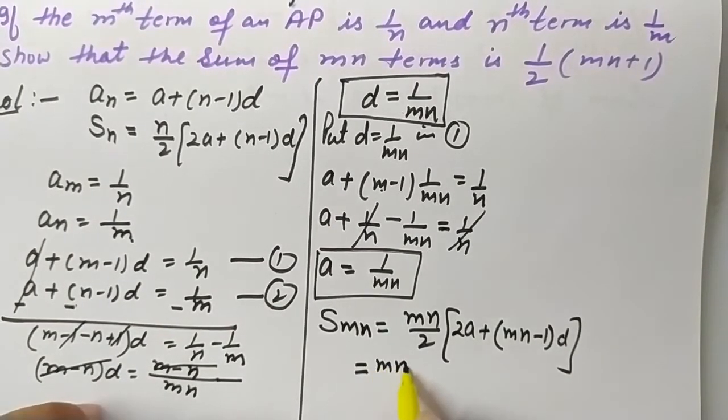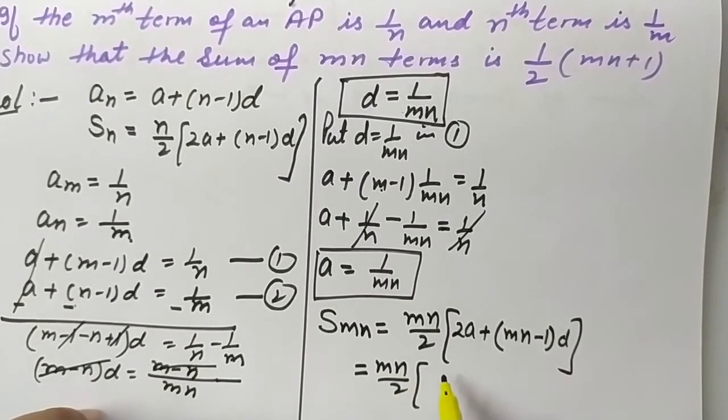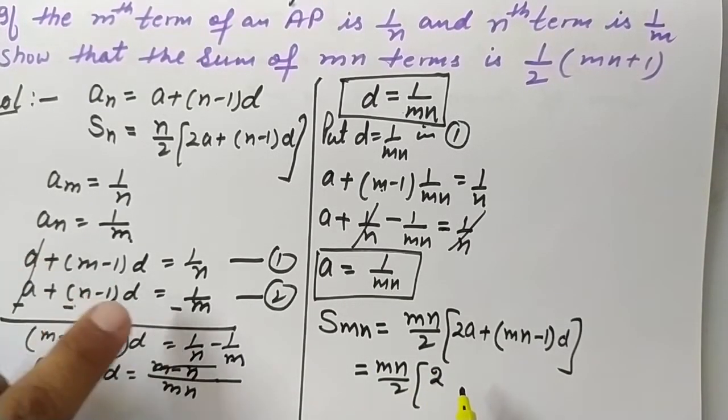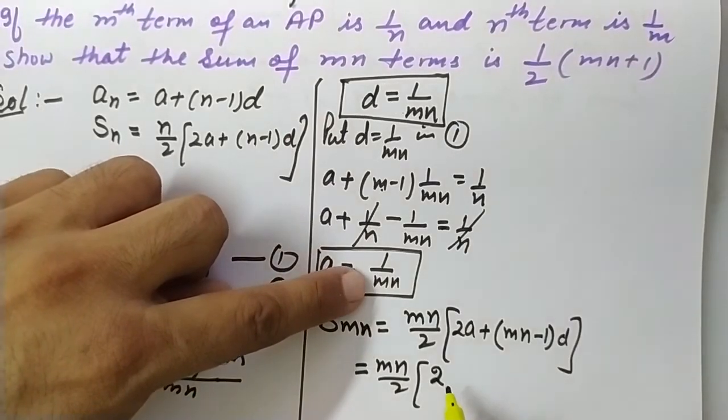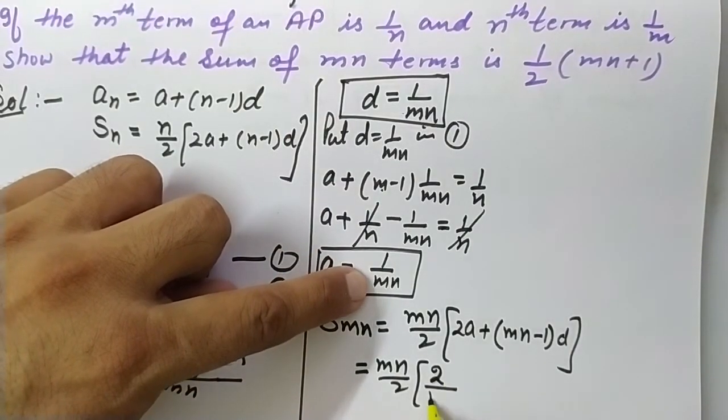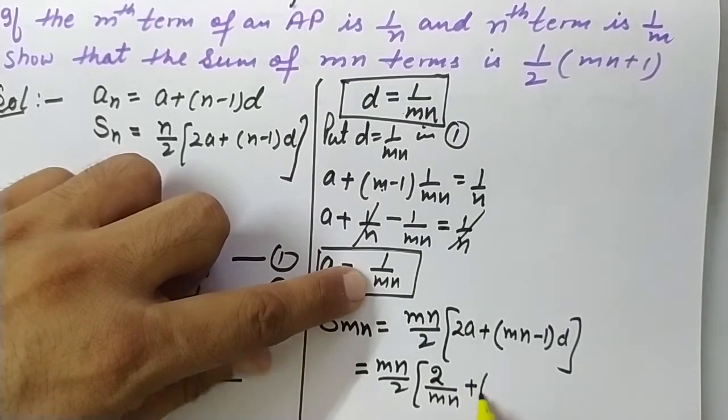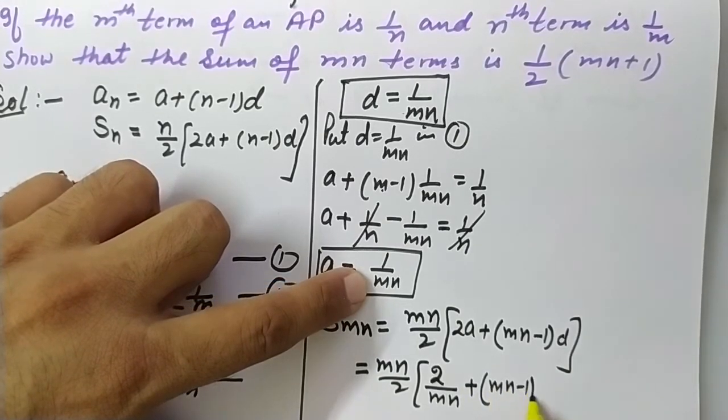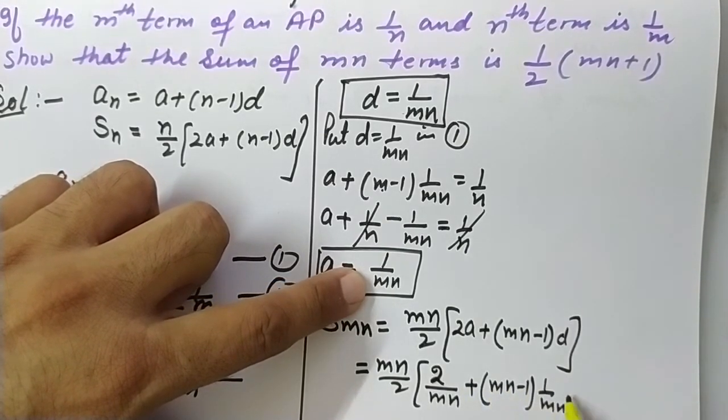So mn over 2, 2a. a is 1 over mn, so 2 into 1 over mn is 2 over mn, plus mn minus 1 into d. d is 1 over mn only.